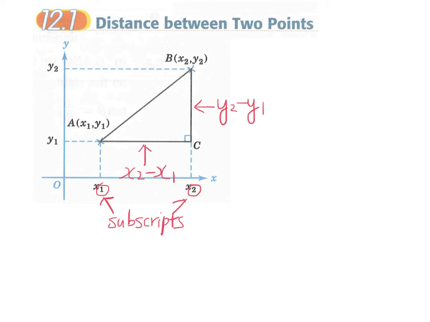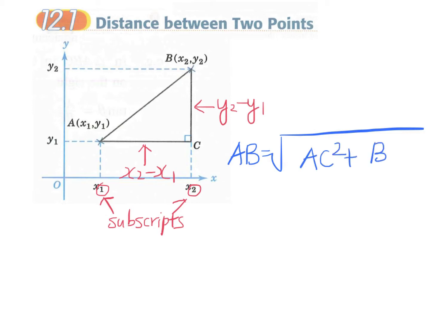So finally, for the length of AB we make use of the Pythagoras theorem. Therefore we have AB equals the square root of AC squared plus BC squared.